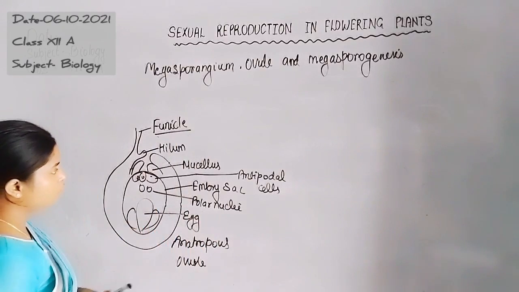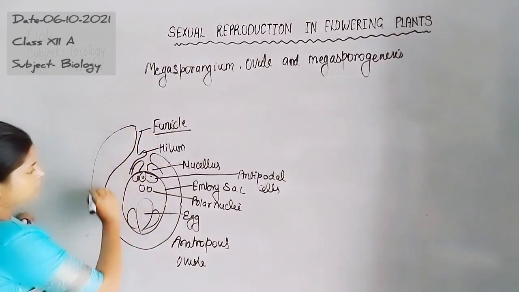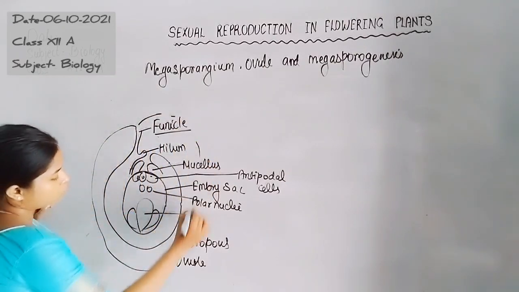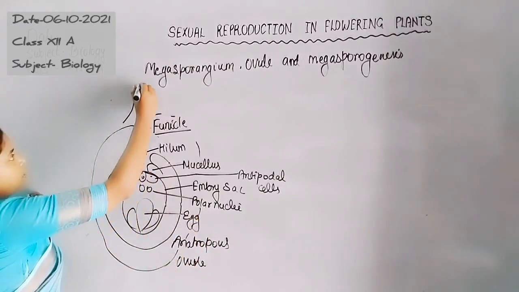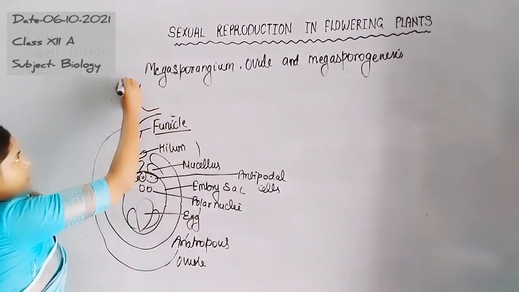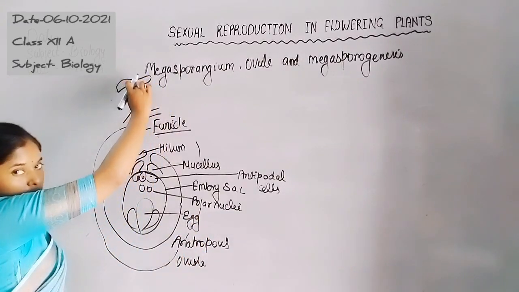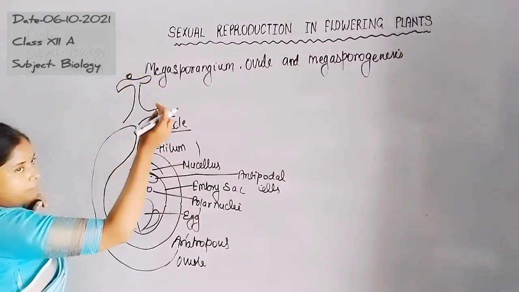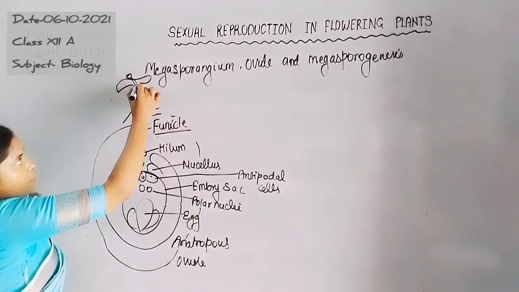So let us discuss the anatropous ovule, which shows the structure of the ovule. Inside this, it is present in the ovary attached with the style. For example, here is the style. Through the style it attaches with the stigma. The stigma functions as a receptacle. It receives the pollen grain and allows the germination of the pollen tube.